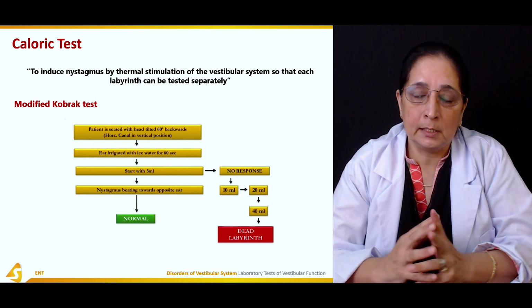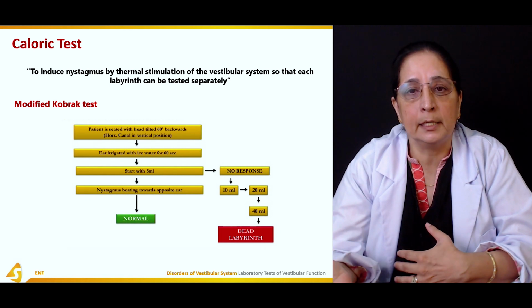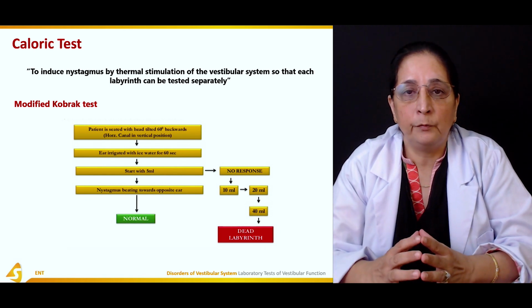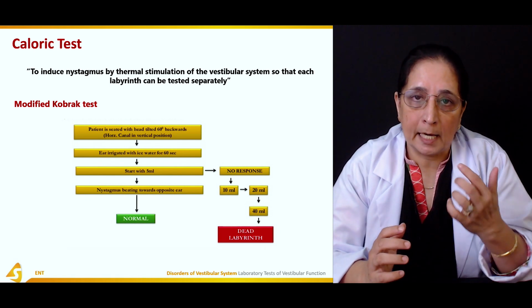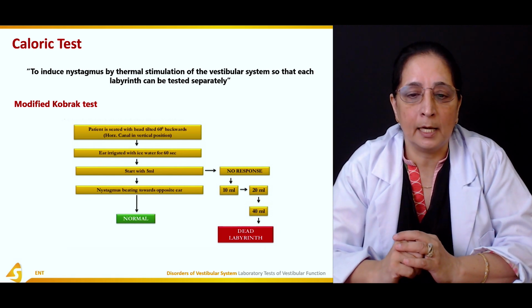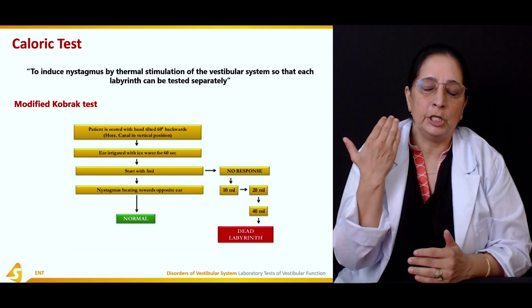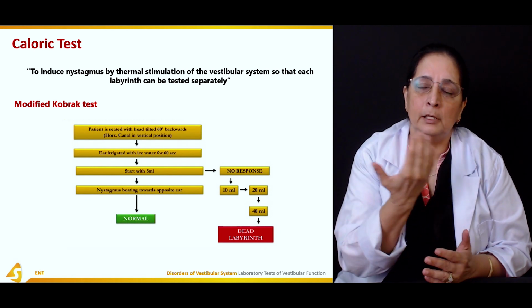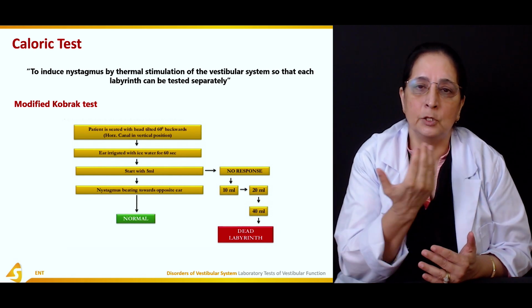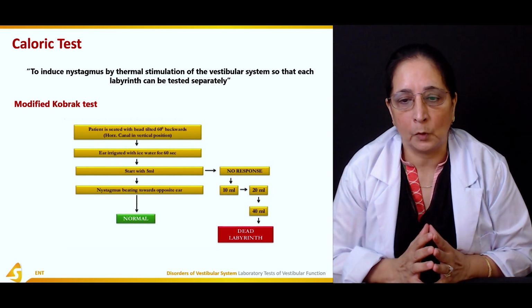We start with a small amount like 5 ml and slowly it can increase, but with 5 ml usually we see nystagmus, or movement of the eye, towards the opposite ear. If the ear irrigation is performed on the right, the nystagmus will be present towards the left side. That's the normal response.